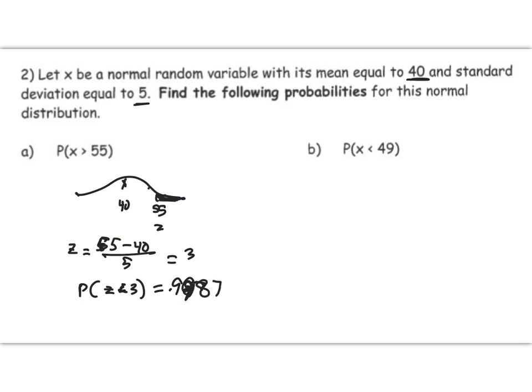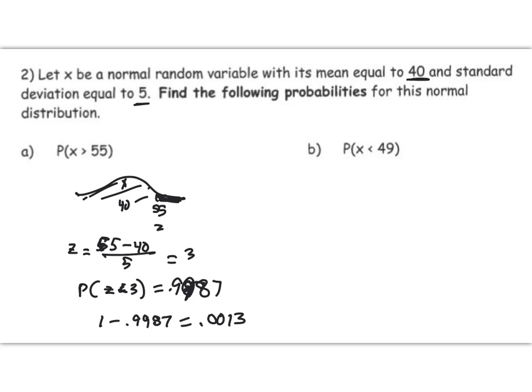We need to subtract that from 1 because we're looking for this area, not this area. So we have less than a tenth of a percent, or around a tenth of a percent, greater than 3.